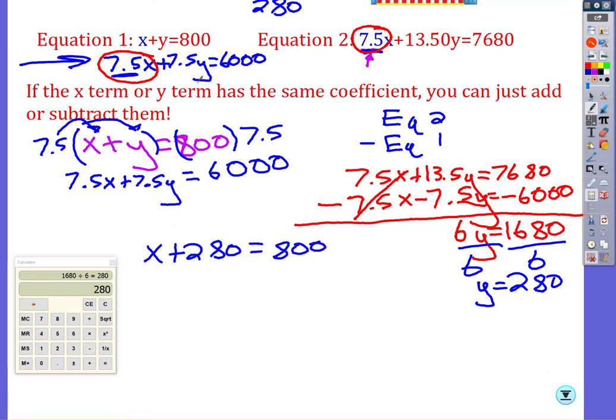I took this equation here, knew that y was 280, and popped it in there to get x plus 280 equals 800. And now I just finish off and solve. Minus 280, minus 280, and I should get back to that 520 kids, which I wanted. x equals 520.